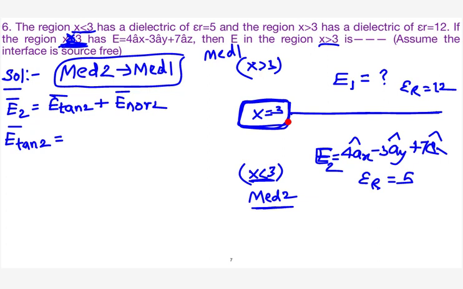A direction parallel to the Z-axis will not be perpendicular to the X-axis, right? What do you mean by x is equal to 3? First of all, you should be able to visualize. X equal to 3 is basically nothing but a YZ plane, isn't it?